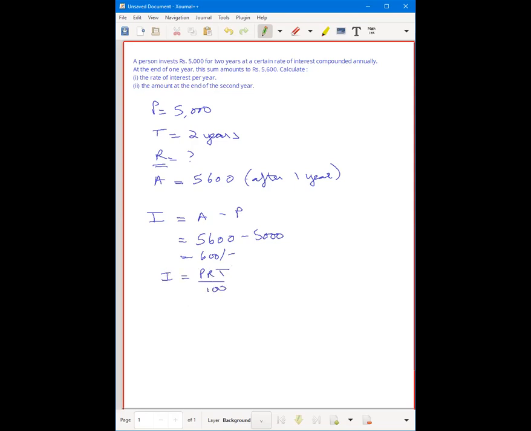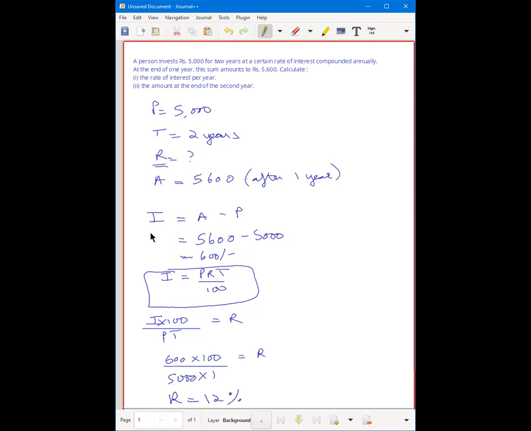So using this formula, we can say that I into 100 upon PT will be R. So the interest is 600 into 100 upon principal, which is 5,000 into 1 year, will be the rate of interest. Solving this, we get R is equal to 12%.